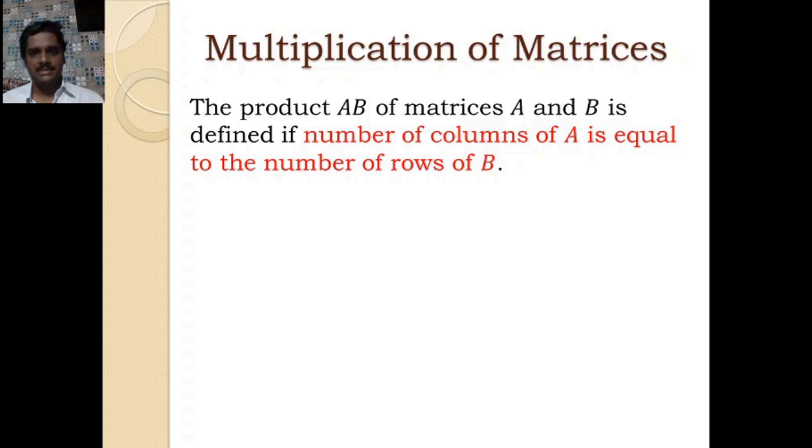To define A plus B, both the matrices should have the same order. Here it is not so. If you have two matrices of the same order, then also the product may or may not be defined. Let's see how.